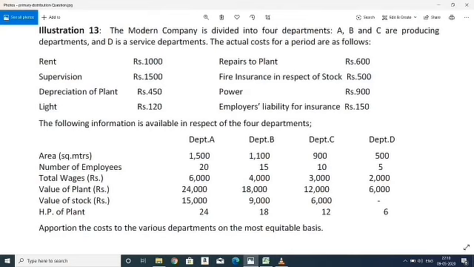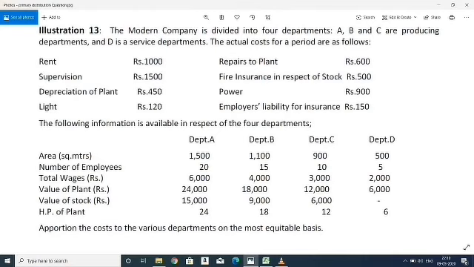Then total wages rupees 6,000 for department A, 4,000 for department B, 3,000 for department C and 2,000 for department D. Then value of plant in rupees, department A 24,000, department B 18,000, department C 12,000, then department D 6,000.